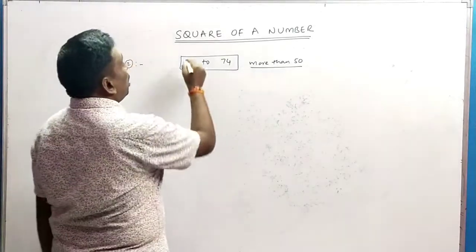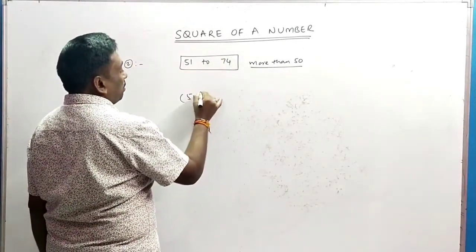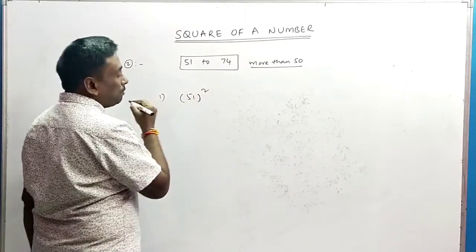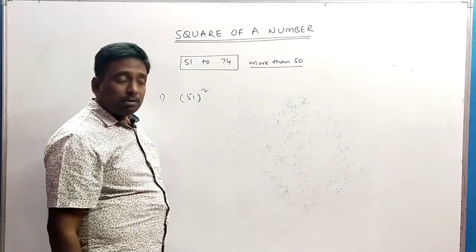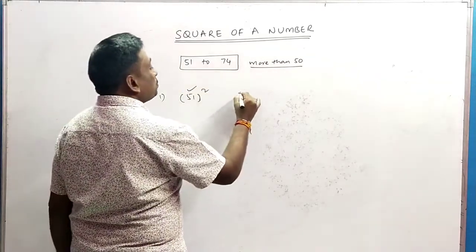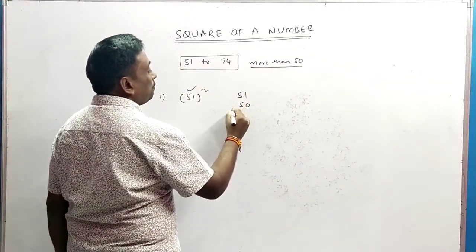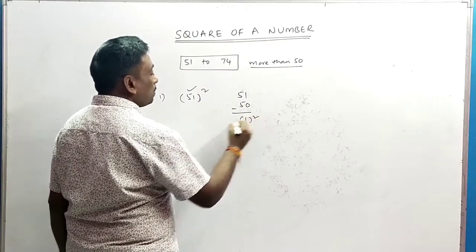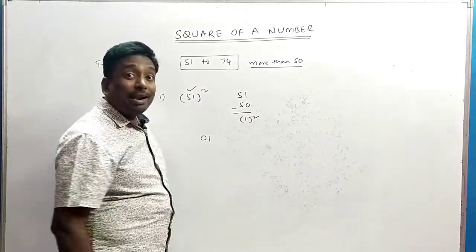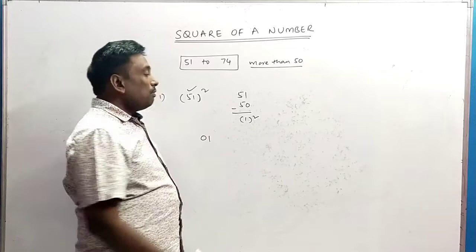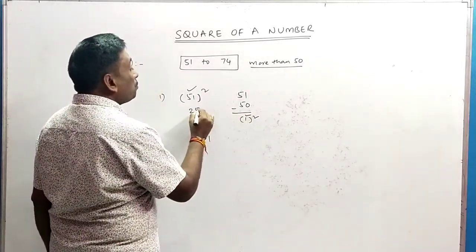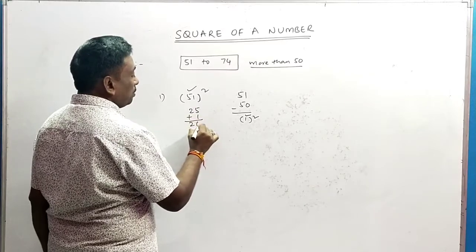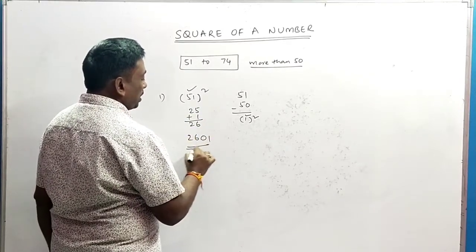Okay, now I take 51 square. How can we find 51 square? Simply take the difference between 51 and 50. That value is 1. Square that value and write in 2-digit format. What is 1 square? 1. This 1 is added to 25 and written on the left-hand side.